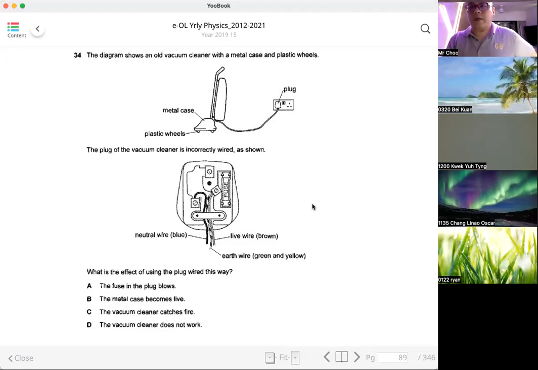Okay, Oscar, Qiao Xing, Hao Rui, Bei Kuan, Yu Ting, correct. Who's the last student? Who haven't given me the answer? Where is Ryan? What's your answer for this? Quickly. Ryan, where are you?